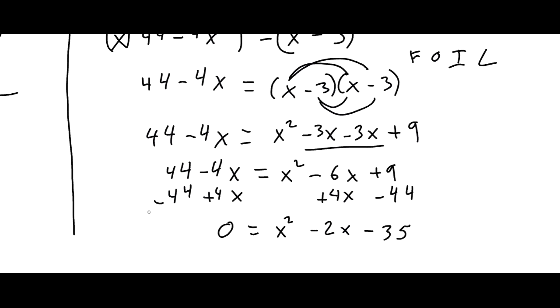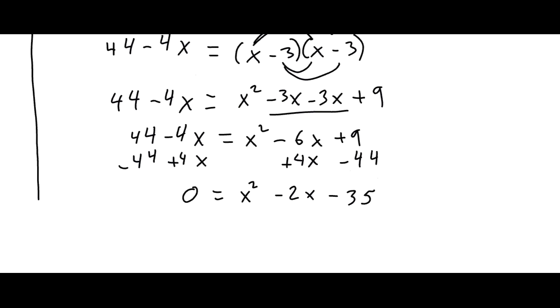Now we have to, it's the other F word, not FOIL, but factor. Since this trinomial starts with a 1, we can go straight to your binomials. We've got two parentheses. They are both going to start with an x. And to figure out what numbers go in the blank, you have to finish the number puzzle.